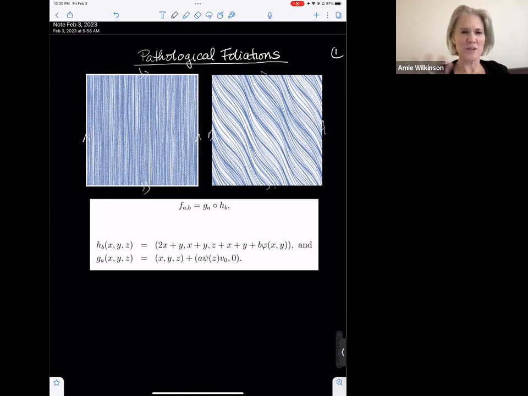Well, I'm just going to talk today about one-dimensional foliations. There are higher dimensional foliations. A foliation is just a decomposition of your manifold, like the torus here, into lower dimensional manifolds, in this case curves.